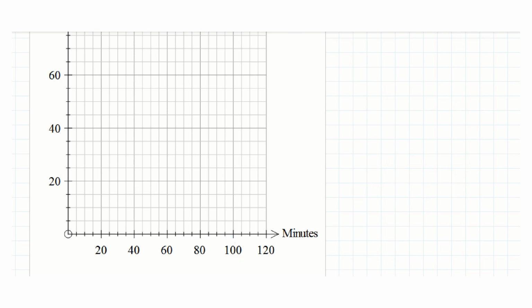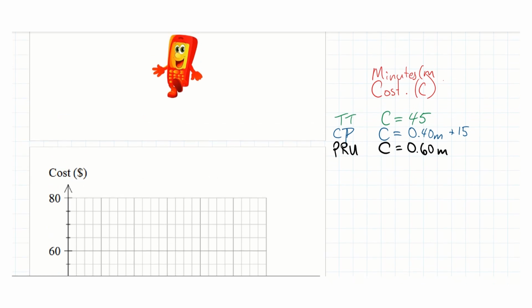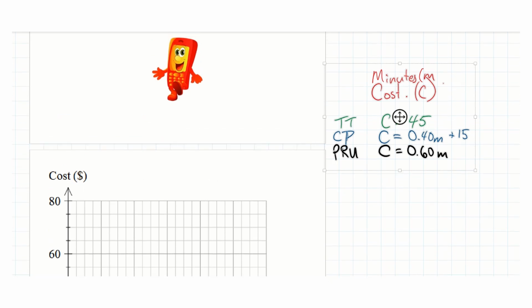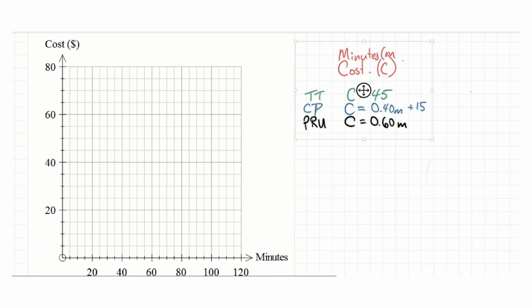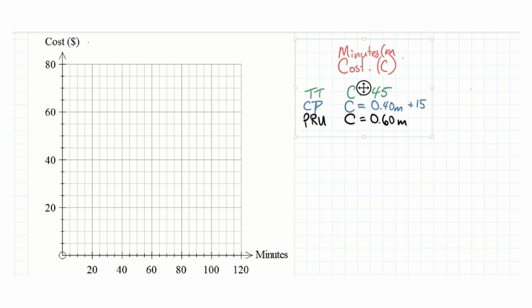So we've got all of this information that we are working with. We have our equations already. Now we want to just put them into our graph. We've got cost on the left, and we've got minutes down the bottom. So I want to figure out how much each of these companies is going to cost per minute.